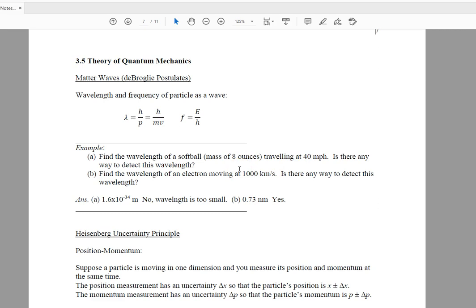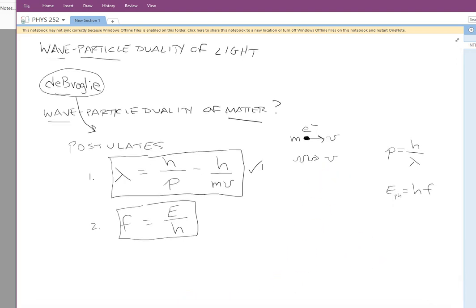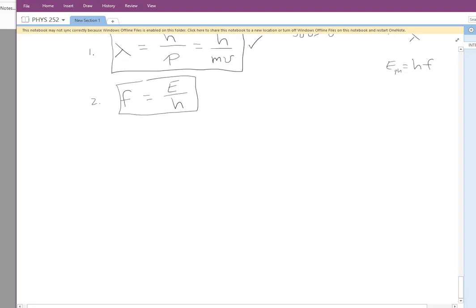The center of mass of the softball, you can think of all the mass being there, so you could think of this even as a point particle. So we could do that calculation. So let me scroll down. And if we take, so our mass is 8 ounces for our softball. And you can convert this to MKS.